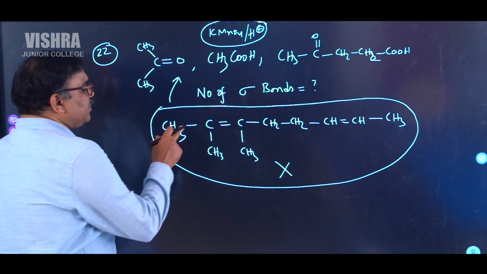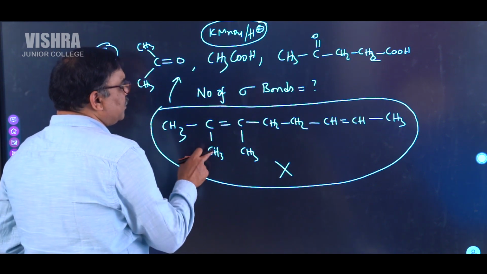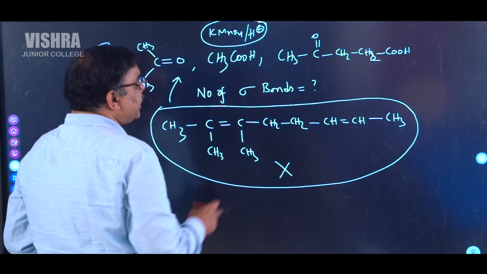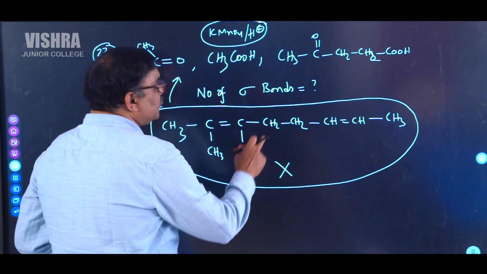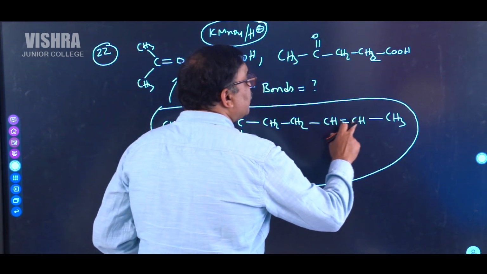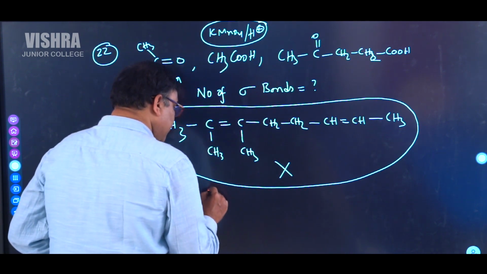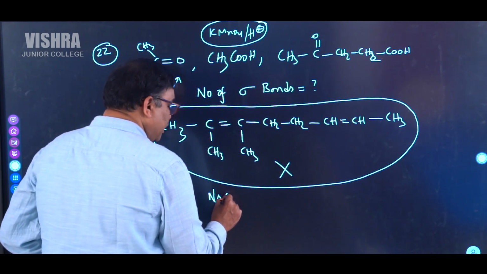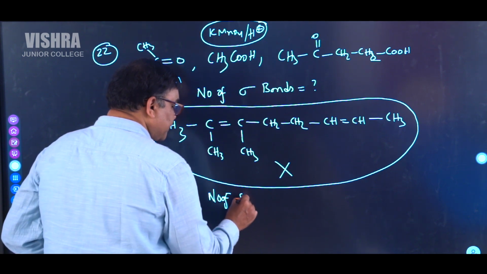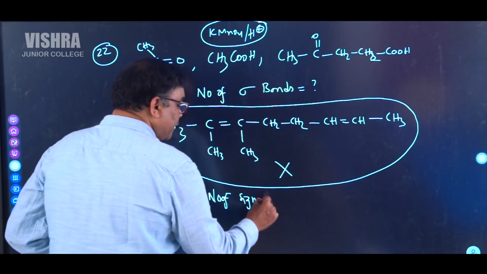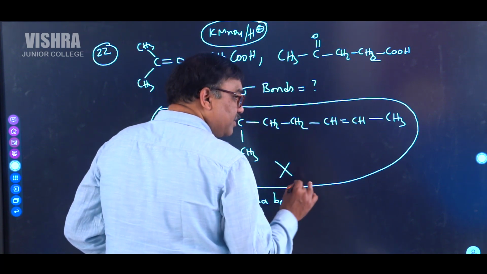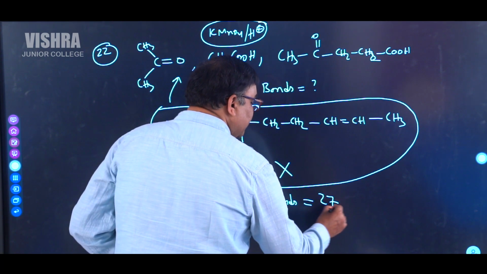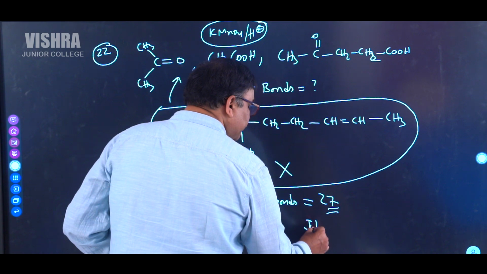We have to find out: 3 plus 1, 4 plus 4, 8 plus 1, 9, 10, 11, 11 plus another 2, and here also 2, and you have to count all these. The number of sigma bonds is equal to 27. This is the integer.